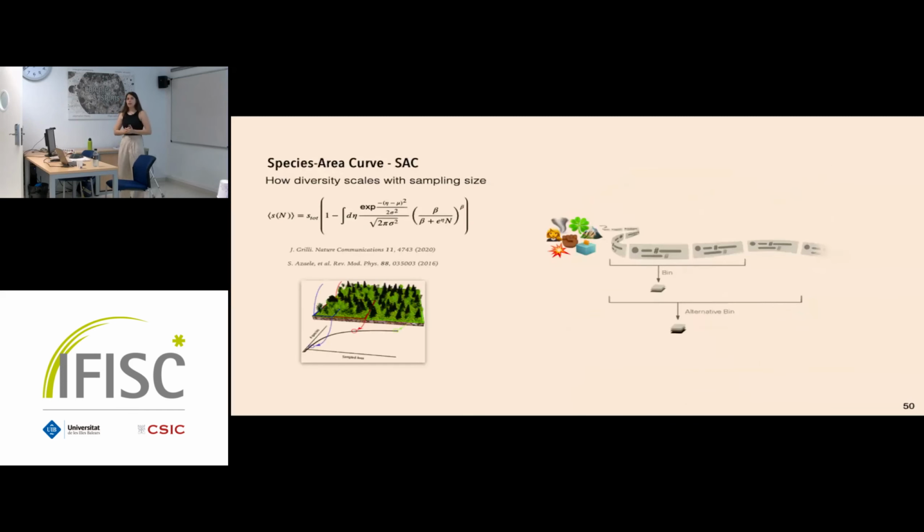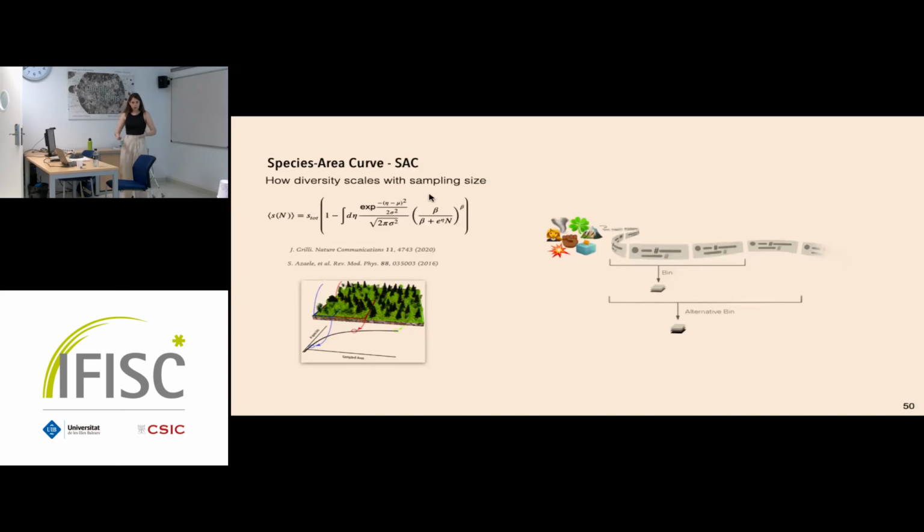Then the one that I presented you earlier, the species area curve, which recently has been found to follow this ugly expression that with its parameters connects this pattern with another pattern.